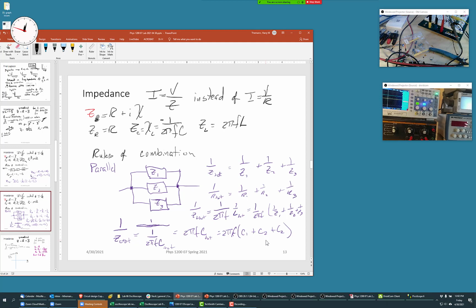Jack's still snoozing out back there. I should turn the Jack cam back on.